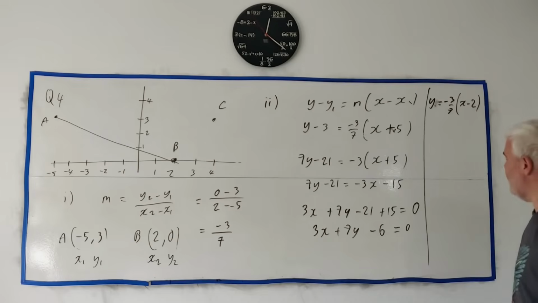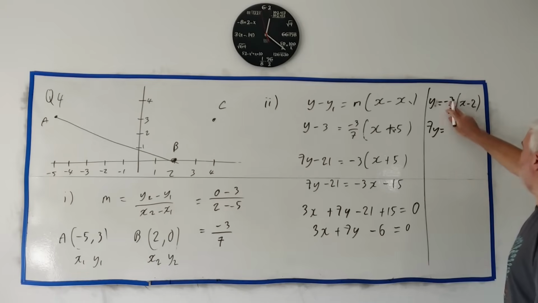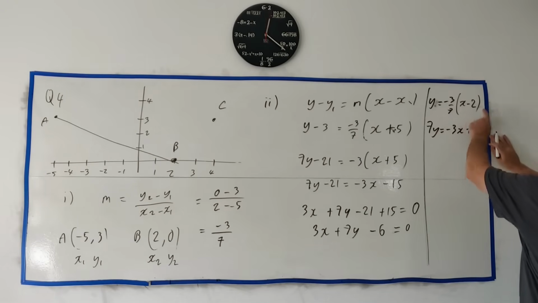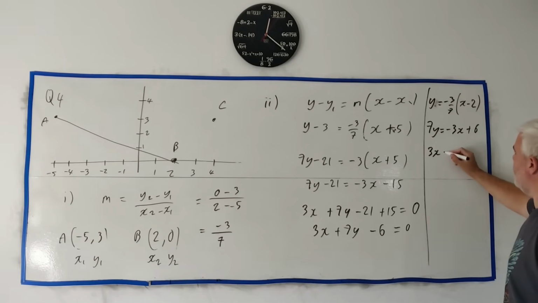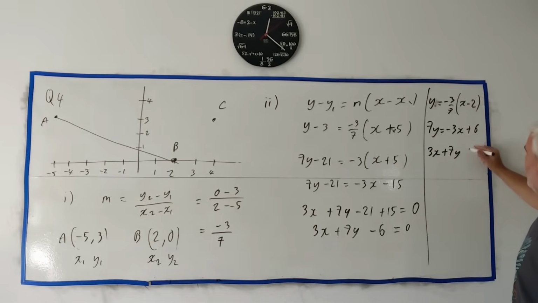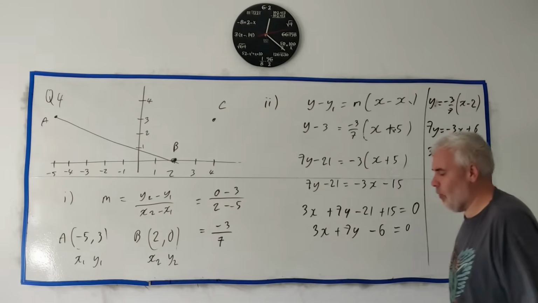No minus minus to deal with either. This would have been much easier. Multiply everyone by 7. Multiply the minus 3 in. We get plus 6. Minus 3 times minus 2 is plus 6. Everyone over on the left, we'd get 3x plus 7y minus 6 equals 0. Same answer. A little shorter doing it that way.